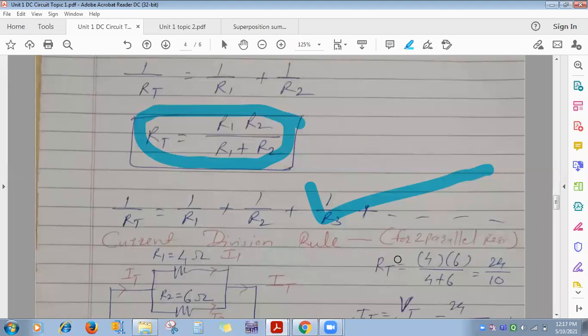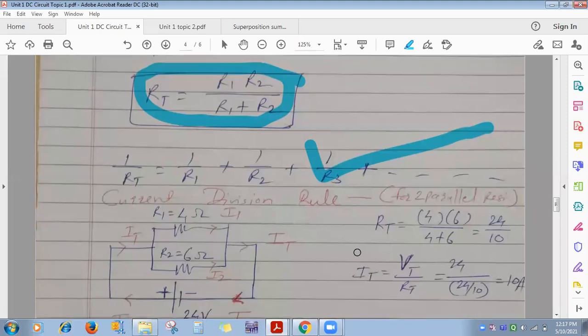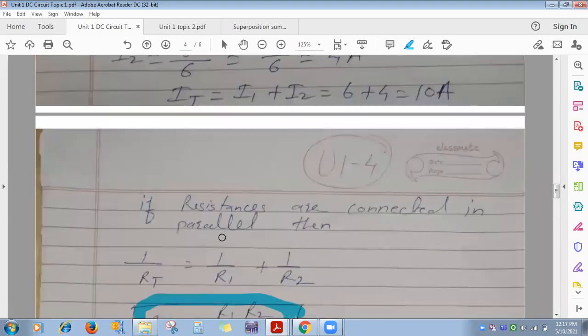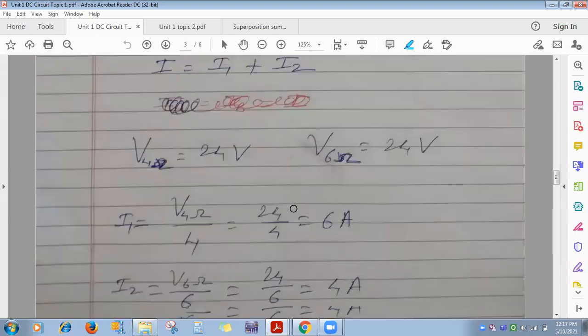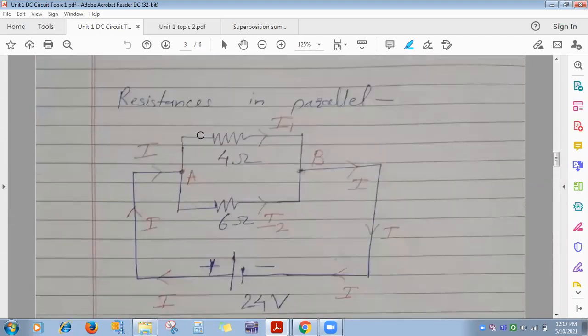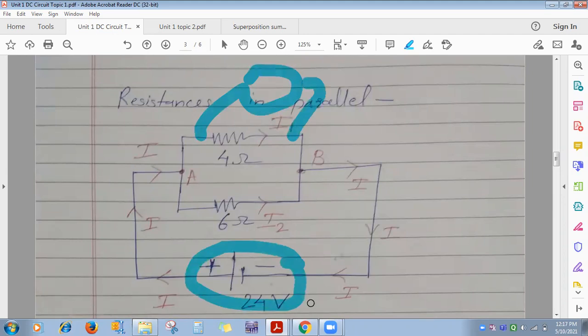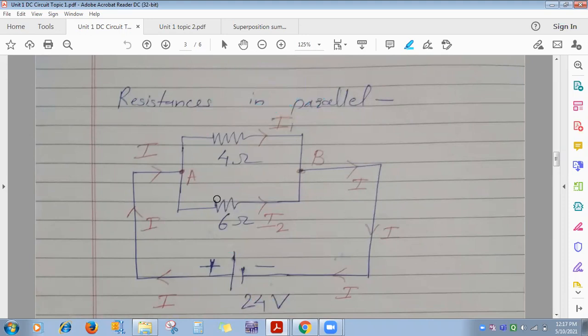Now if both the resistances are connected in parallel, you take one voltmeter and connect it across the 4 ohm, two terminals. What will be its reading? You will find it 24 volt. Same thing, connect one voltmeter across the 6 ohm, and you will find its reading is 24 volt.